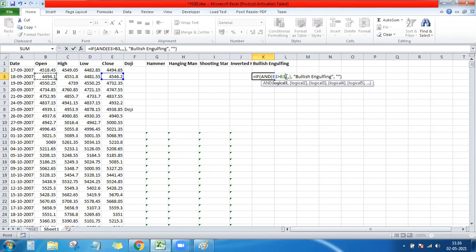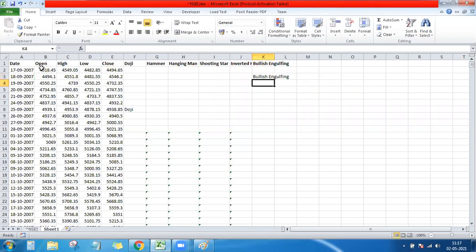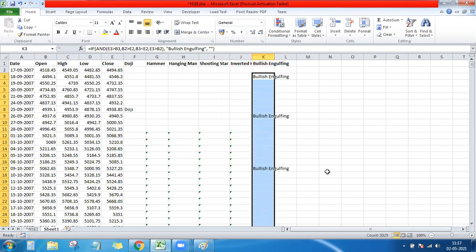And then first candle should be a red candle. It means first opening price should be greater than the first closing price. Then second day, it should be a gap down day, meaning the second opening price should be less than the first closing price. And the second day, it should cross the previous day's opening price. So second closing price should be greater than the first opening price. So here itself, you got a bullish engulfing. Now copy this onto every cell. That's it. So let us go to 18/9/2007.